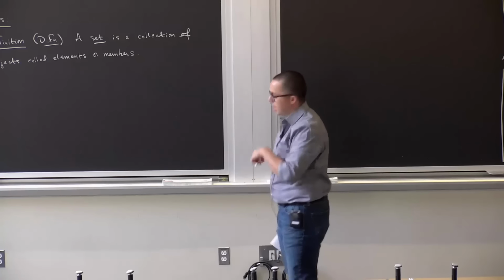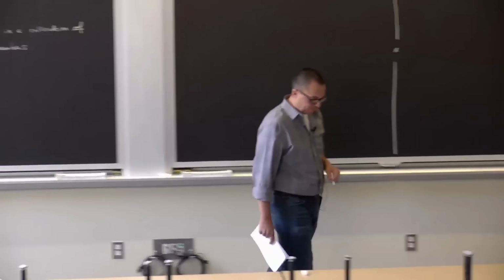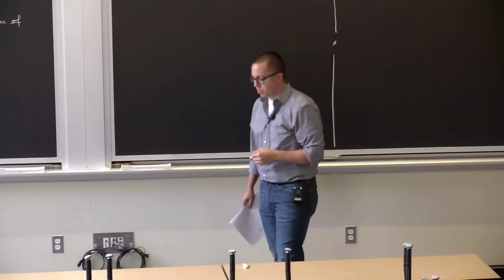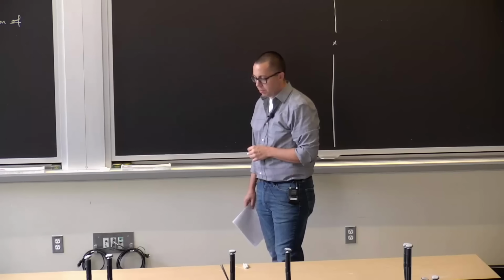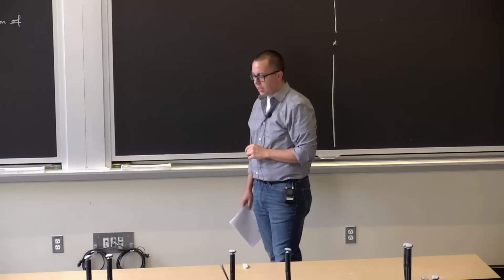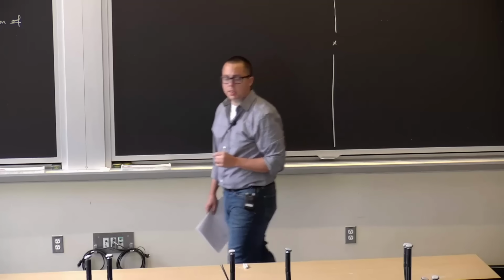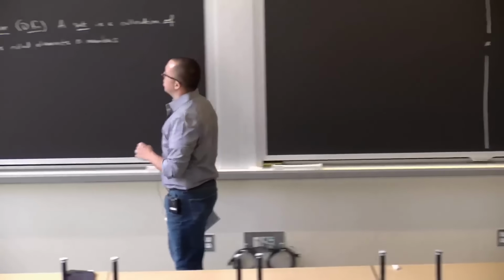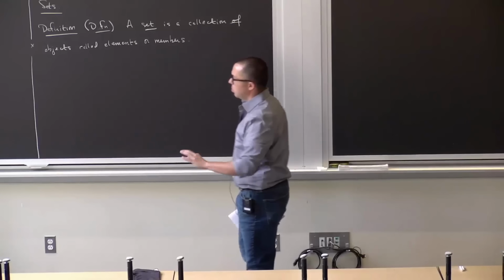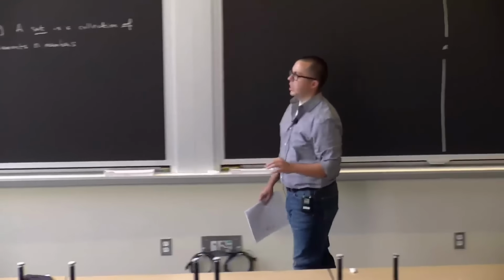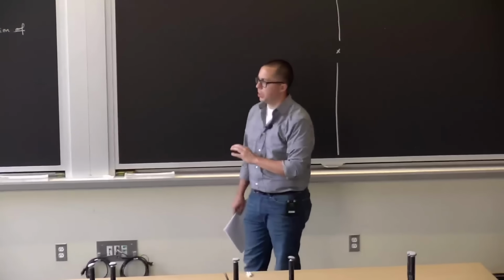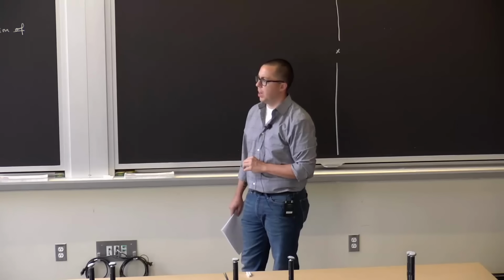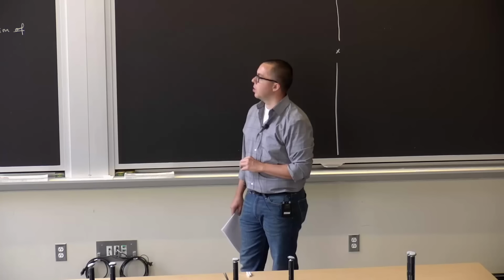Okay? Now, this course is supposed to be probably the first really rigorous course in math that many of you will deal with. So essentially everything that we talk about will be rigorously and unambiguously defined, but we do have to start somewhere.